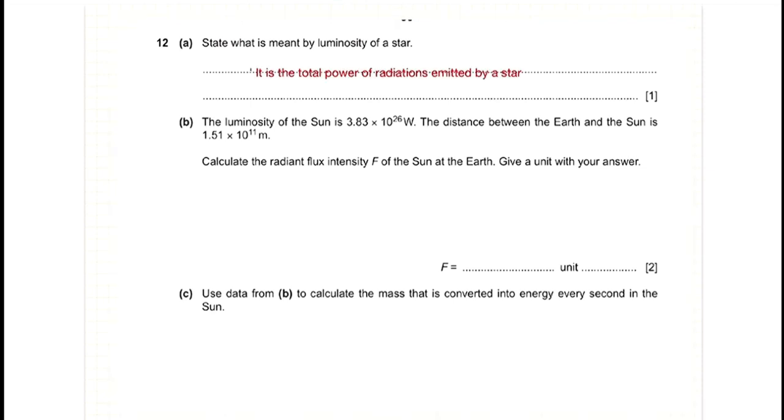Then it says that the luminosity of the sun is this much, as we know it, the standard luminosity or standard radiation power.